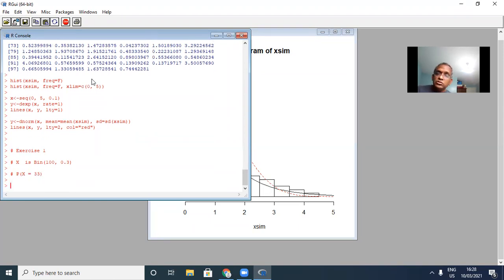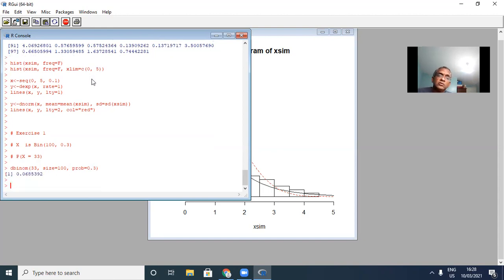Now this is easy, I'm sure you know. The answer is dbinom at 33 with the size parameter equal to 100 and the probability parameter 0.3.